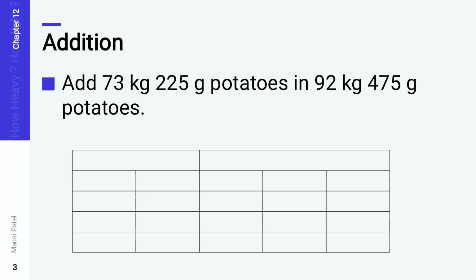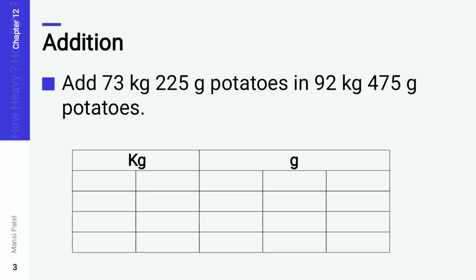First the heading of the big unit, that is kilogram, and then gram. Now here you have to remember one thing, that gram is always in 3 digits. So whenever you write the gram heading, you have to leave 3 boxes.